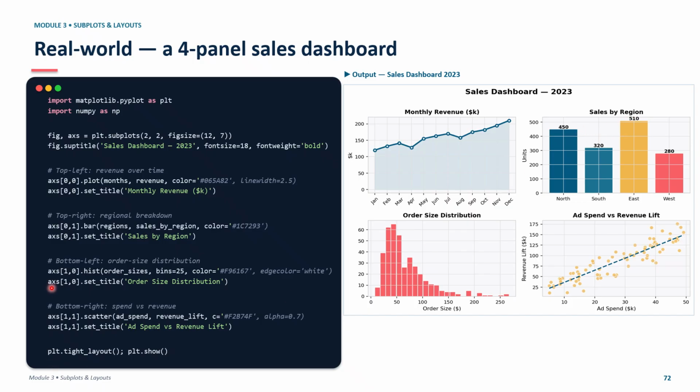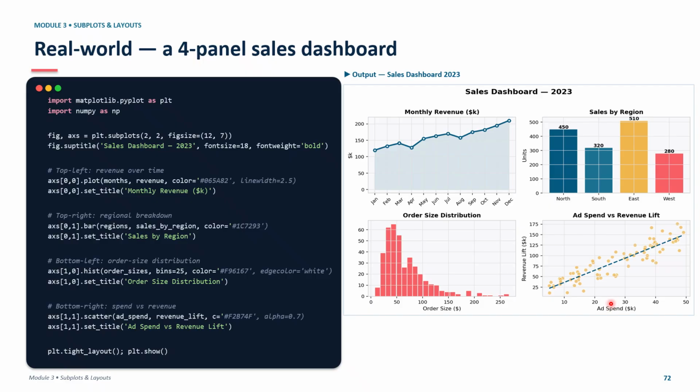Now at the bottom left, axis 1,0, it is a histogram of 400 order sizes. The log-normal shape is typical of real order data: many small orders, few very large ones. And the bottom right is axis 1,1.